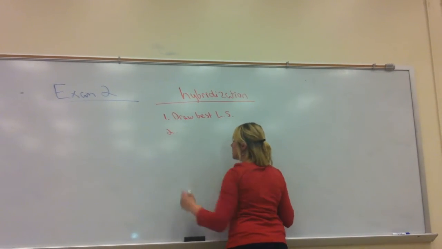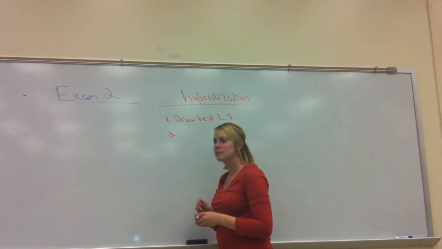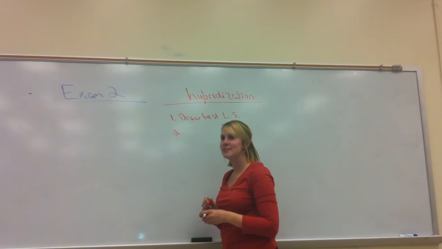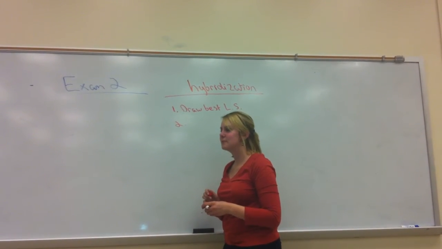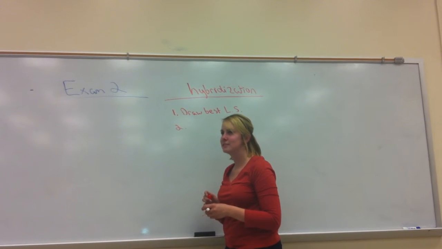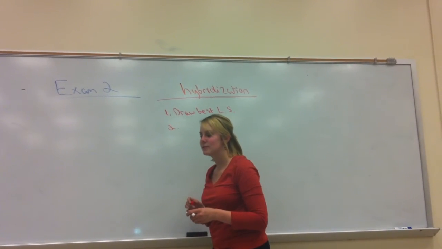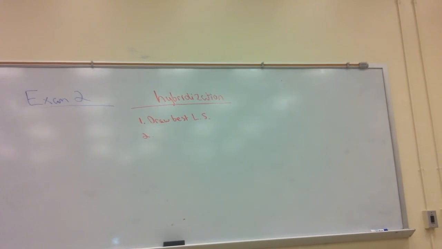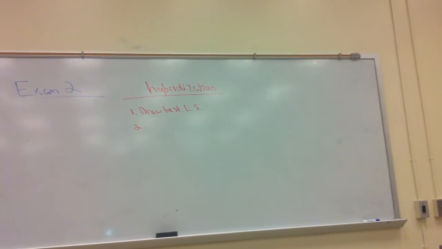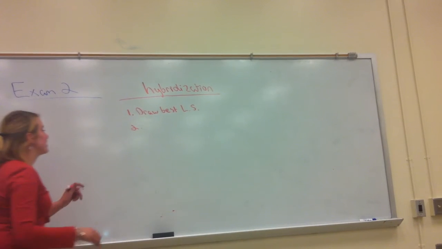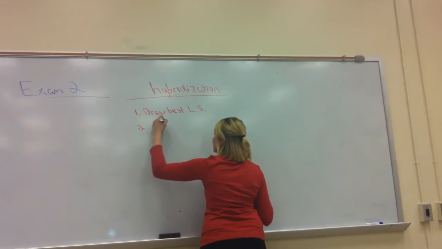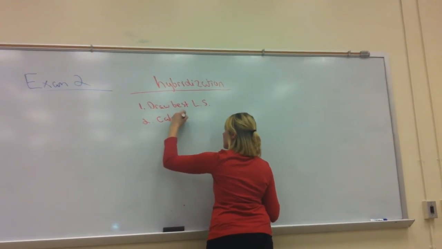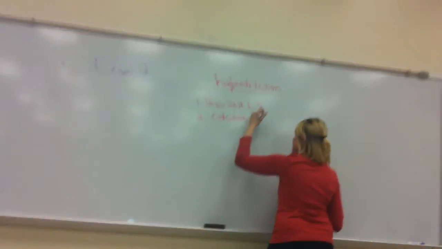Second step is calculate the, what's it called? I just forgot. Oxidation states? No. Guys, come on now. Electron domains. That's the word I was looking for. Calculate electron domains.